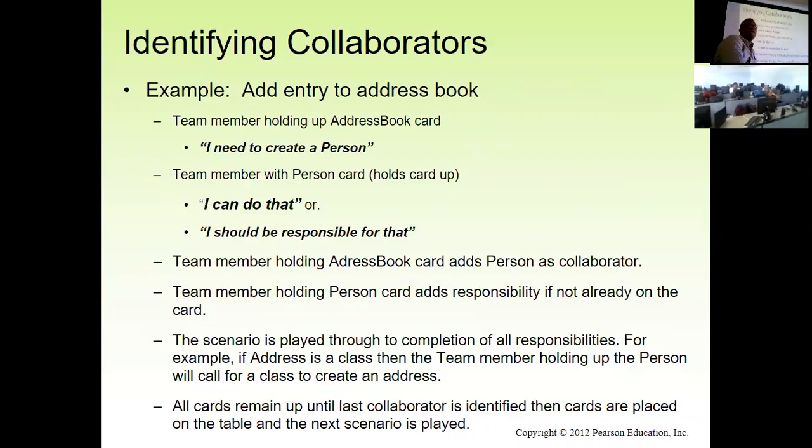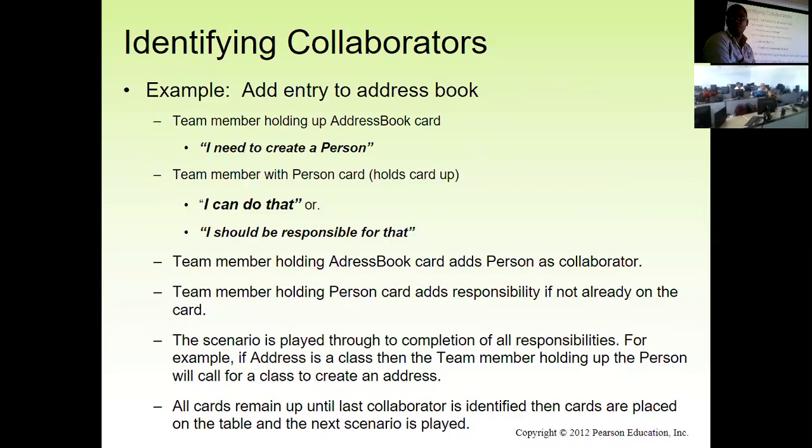The team member holding the address book card adds person as a collaborator, because in order to add an entry to the address book, I need to be able to create a person, and then that person can be inserted in the address book. Any questions?